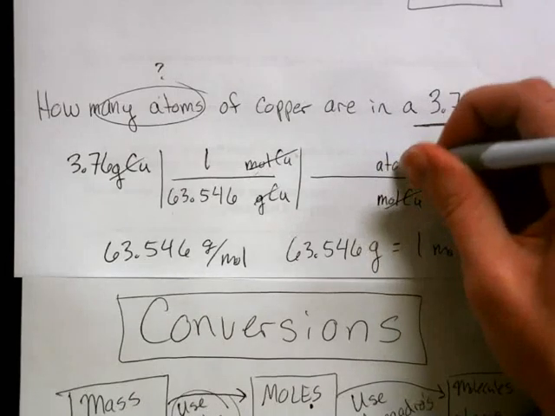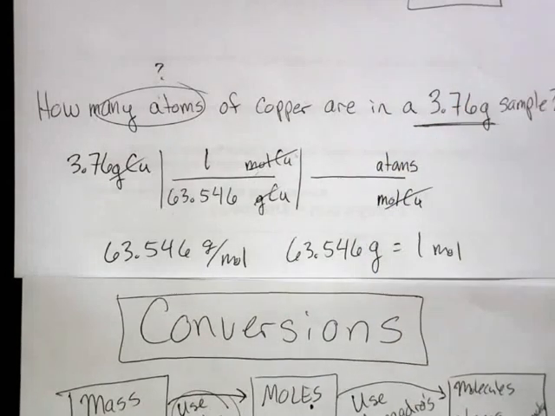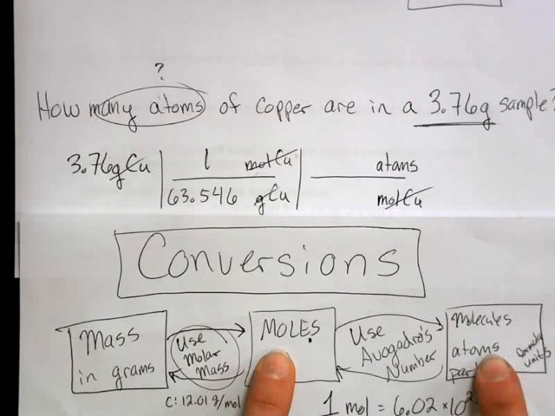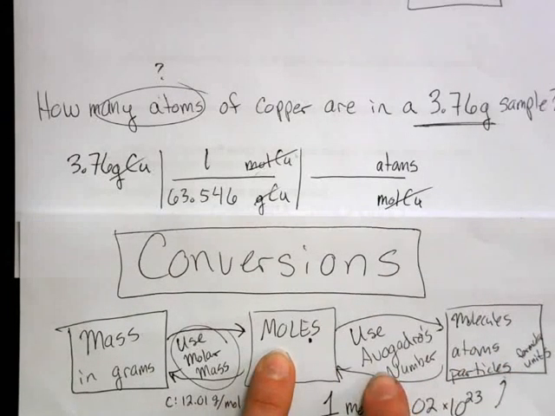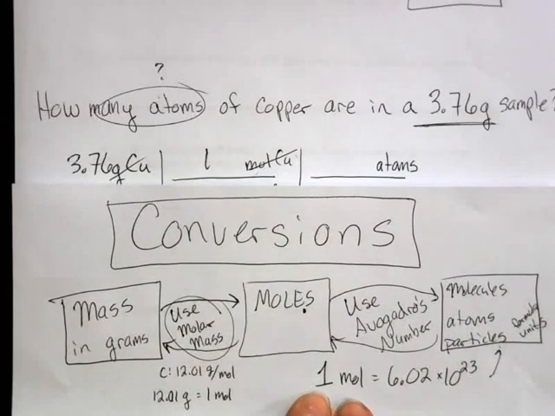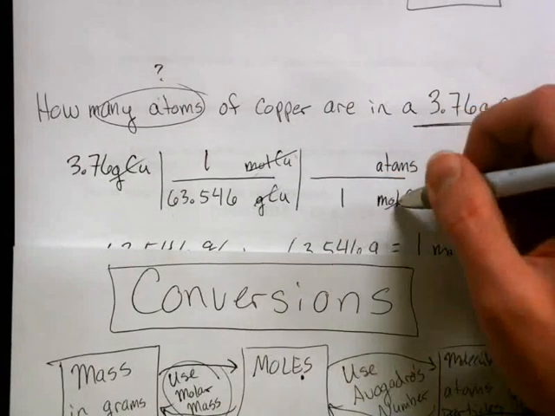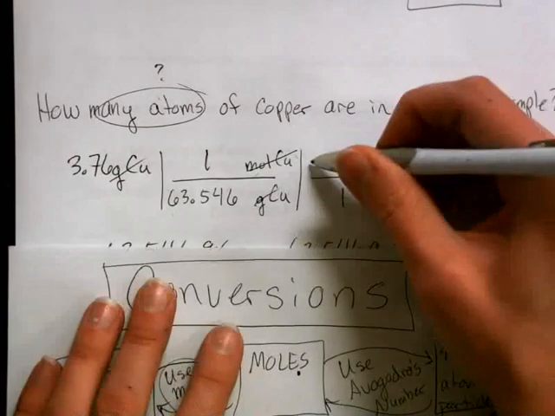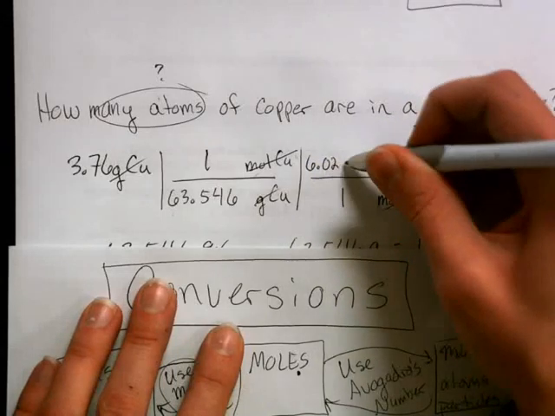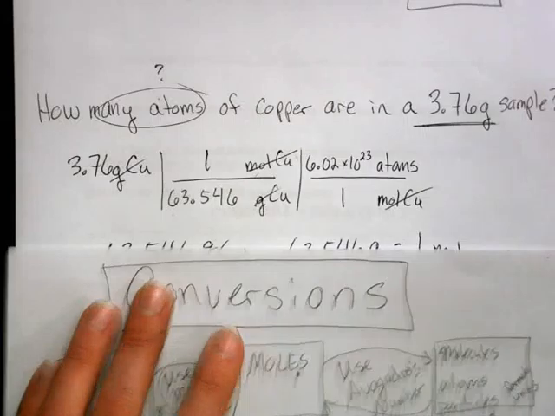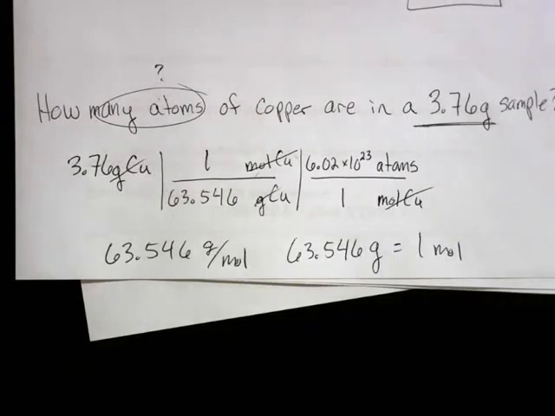So I'm going to put my atoms on the top. Now, in order to go from my moles into my atoms, I have to use Avogadro's number, which is 1 mole is equal to 6.02 times 10 to the 23rd. So that means 1 mole is 6.02 times 10 to the 23rd of my atom. That's how I set it up.